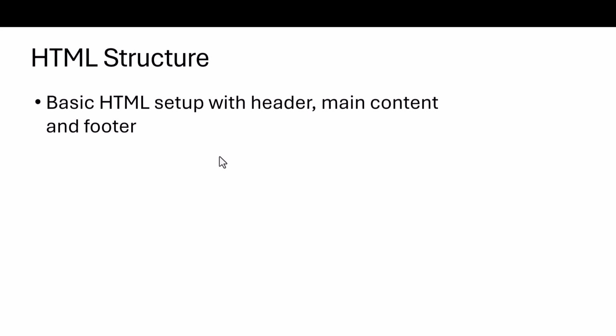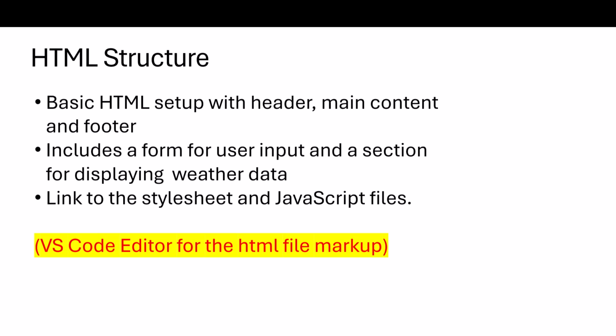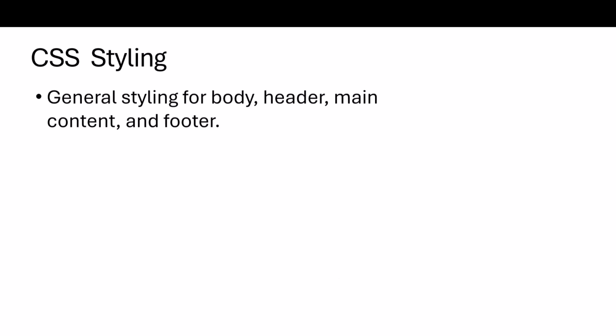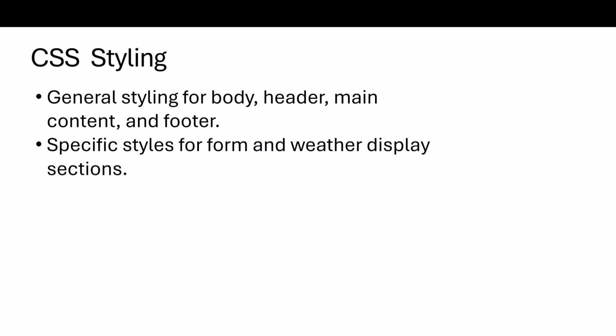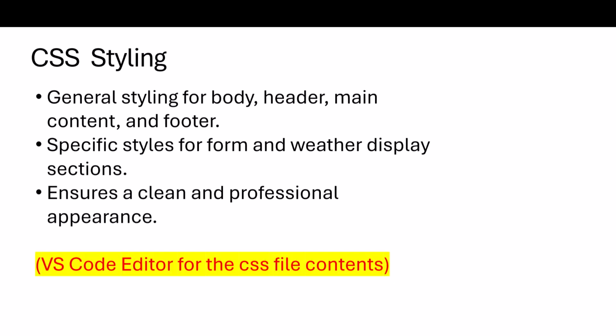It has the basic HTML setup with header, main content, and footer, and includes a form for user input and a section for displaying weather data. It also has the link to style sheets and JavaScript files. We have also seen the CSS style sheet, which has general styling for the body, header, main content, and the footer, and specific styles for the form and weather display sections. It ensures a clean and professional appearance.